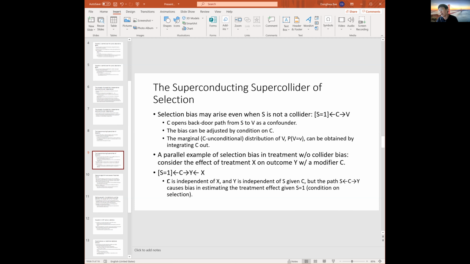That causes a bias in estimating the treatment effect of X on Y, given conditioning on S equal 1. So we always need to think about that part as well, and adjust that bias to obtain an unbiased estimate of the treatment effect.